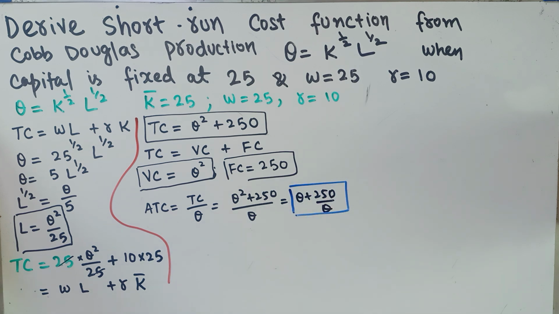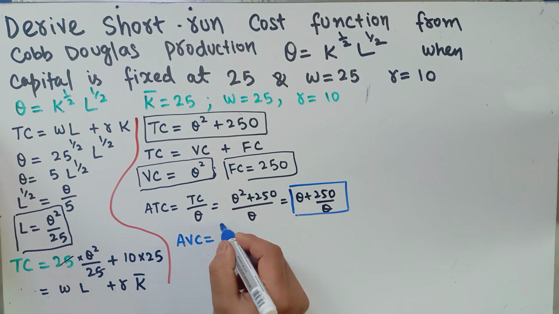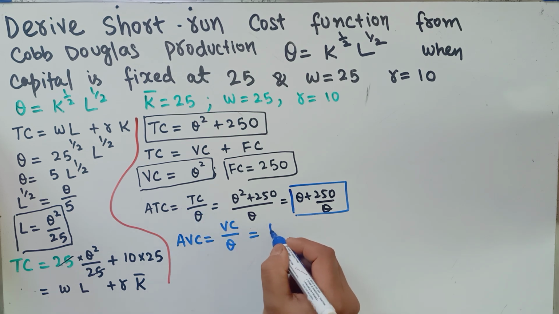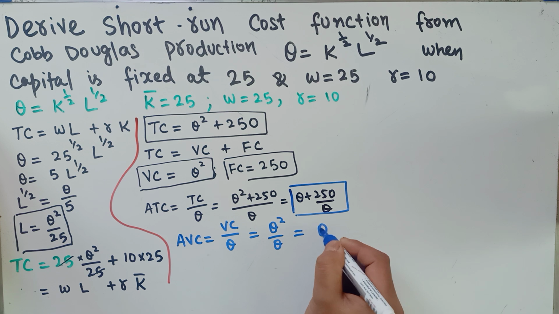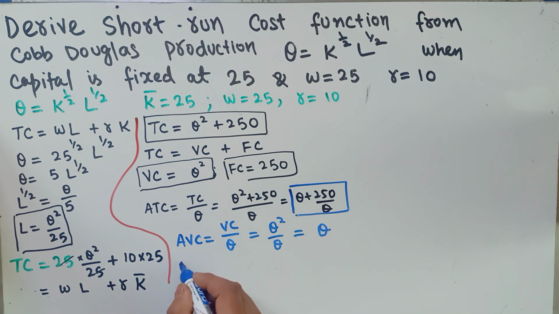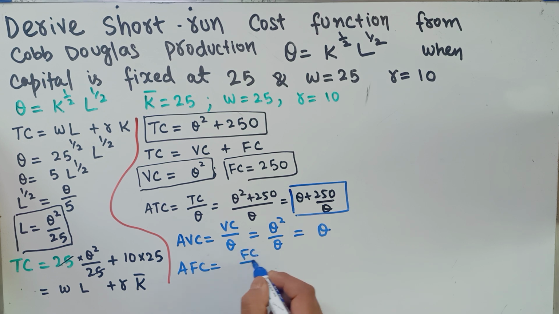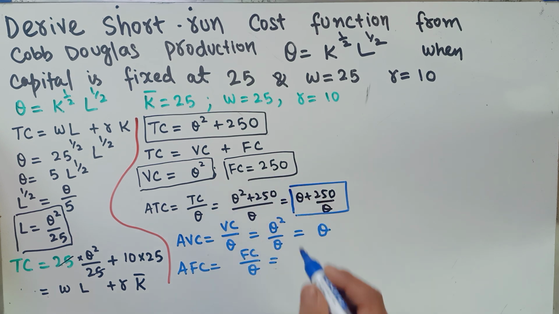Now what is average variable cost? Average variable cost will be equal to variable cost upon output. Variable cost is Q squared, upon Q, so average variable cost will be equal to Q. And what about average fixed cost? That is simply the total fixed cost upon output. Fixed cost is 250, so 250 upon Q will be our average fixed cost.